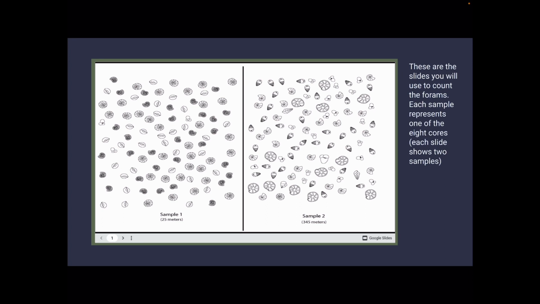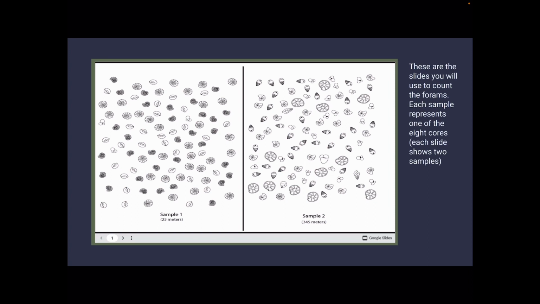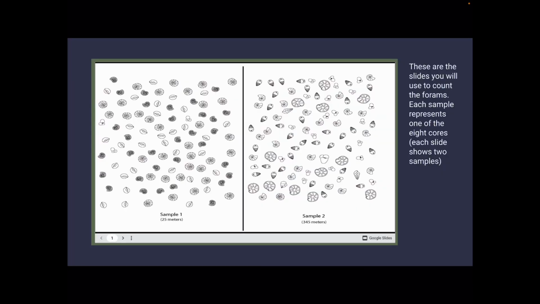So you have these 2 comparisons. You're going to look at these little forams and figure out what kind they are by looking at the key. Once you figure it out, you're going to determine which zone this specific core came from.